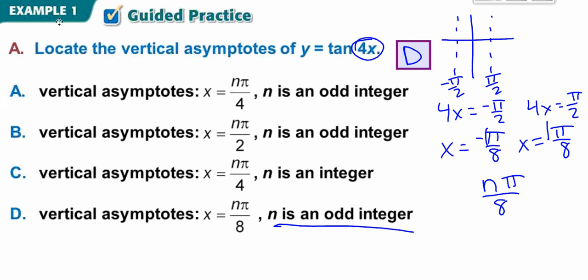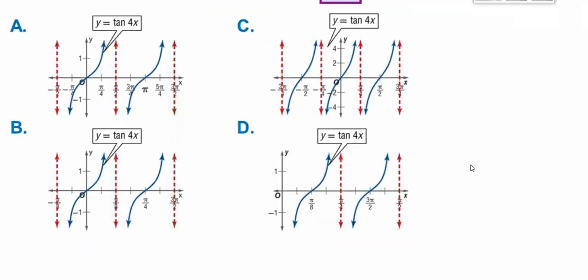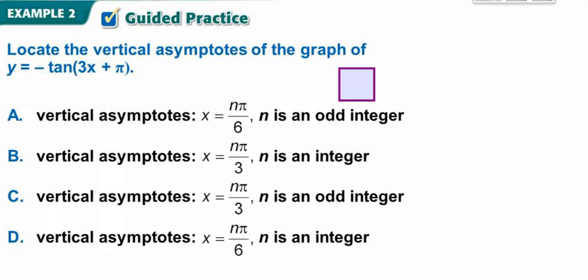Our asymptotes are at negative pi over 8 and pi over 8, and so the trick is to find ones with the asymptotes at negative pi over 8 and pi over 8. If this is pi over 4 right there, this is pi over 8. So that one is letter B for that one.